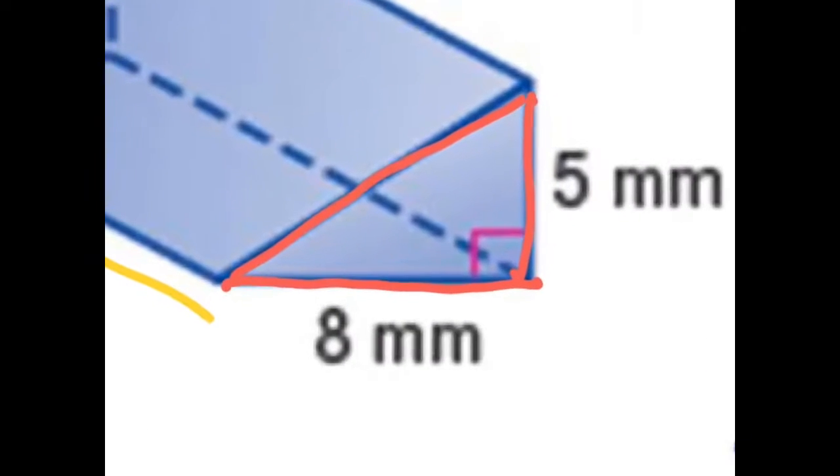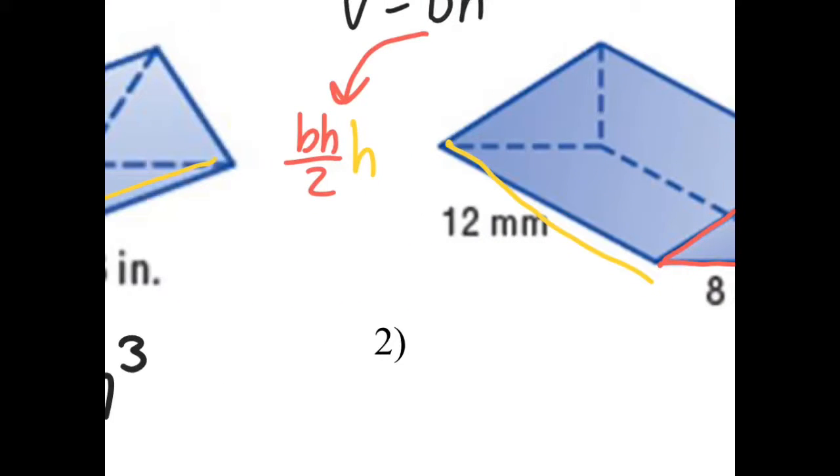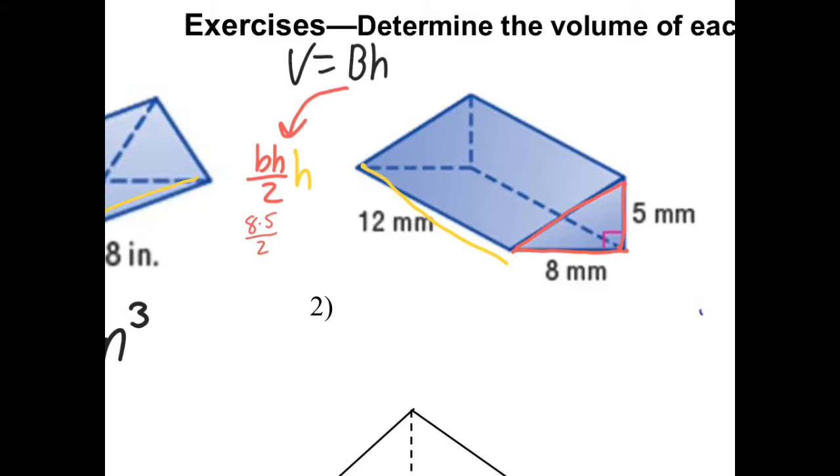Looking at just the triangle itself, the base is 8 and the height is 5. So the base is 8, the height is 5, and we divide that by 2. And again, looking at the rest of the figure, the distance between the two triangles is 12 millimeters. We're going to do this times 12. So 8 times 5 is 40.